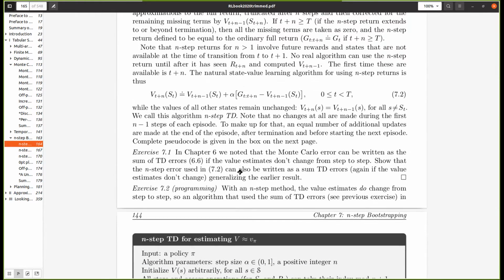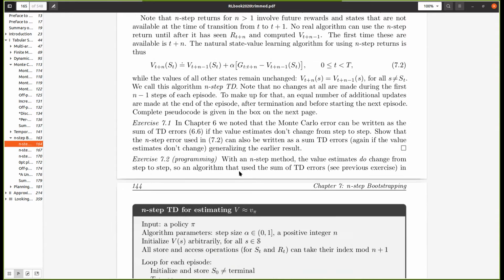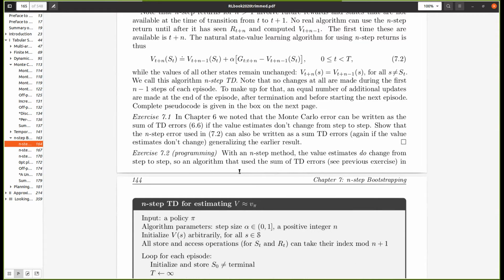Okay, and here we get to the first exercise. In chapter 6, we saw that the Monte Carlo error can be written as a sum of temporal difference errors if we assume that value estimates don't change from step to step.